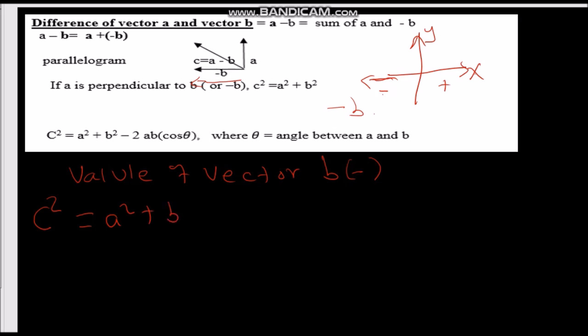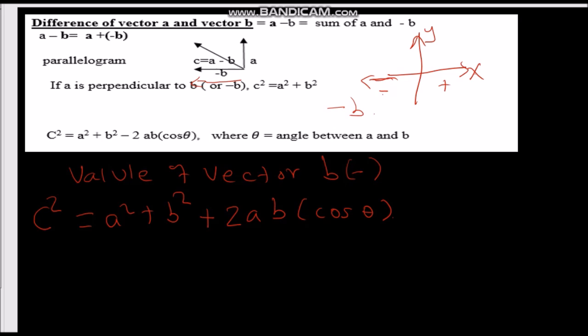So the resultant vector can be calculated by using the parallelogram method, but the value of vector b is negative. Let's bring the equation of the parallelogram method: C squared is equal to a squared plus b squared plus twice of ab cos theta.